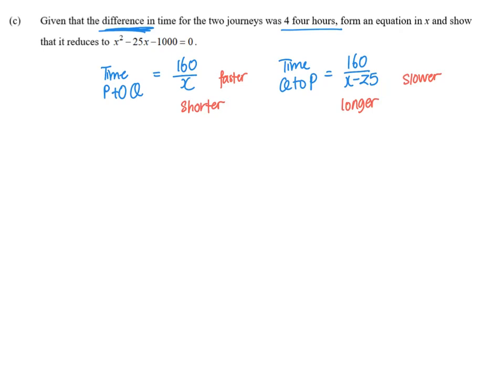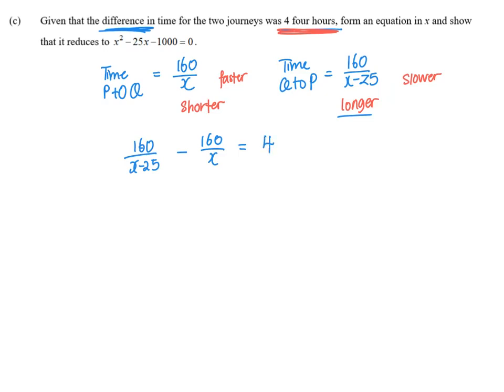Now they tell me that the difference is 4 hours. How do we get the difference? We take the larger minus the smaller one. So the longer timing will be 160 over x minus 25, subtract the shorter timing, 160 over x, and that gives us a total of 4 hours.